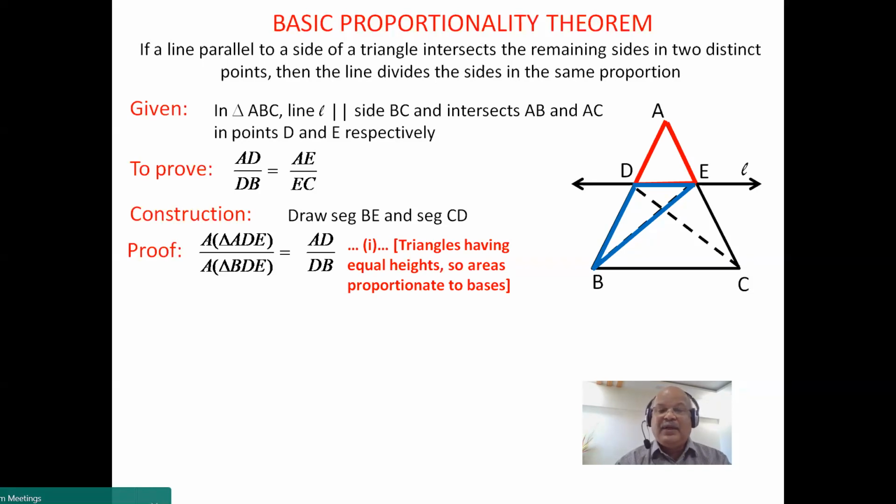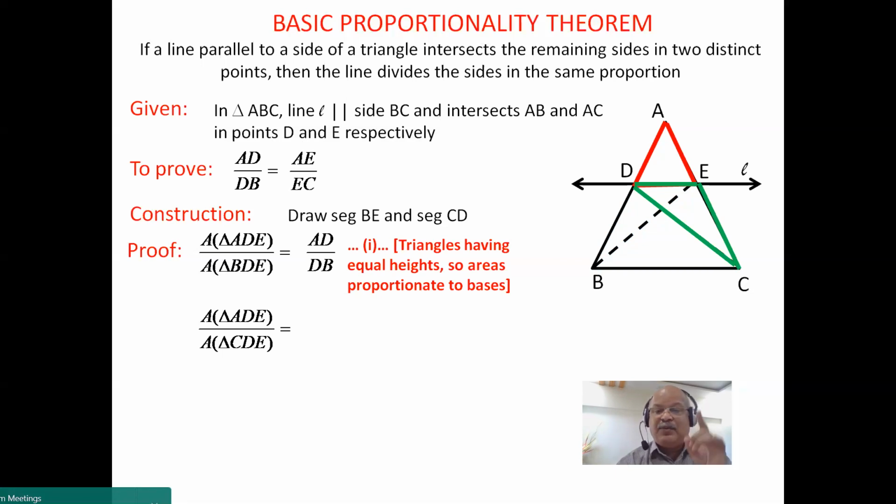Going further, now we are going to focus on the second ratio, that is AE upon EC. And to get to this ratio, I'll take the ratio of the areas of two triangles. Keep your eyes on the figure again. This is the first triangle, the one in red, and the second triangle is the one in green.